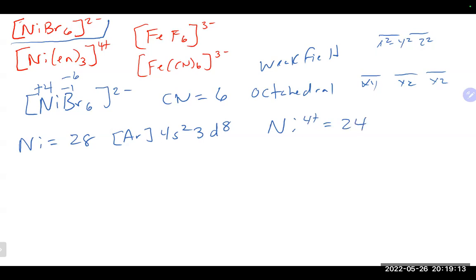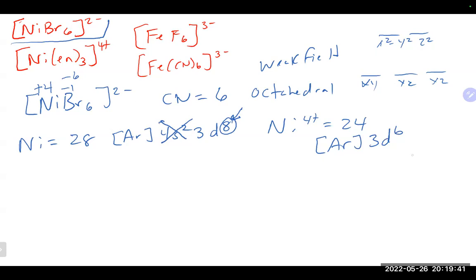We talked about it earlier in this chapter: when transition metals lose electrons, which ones go first? They actually lose the s's first. So when it goes to lose the 4 electrons, it's going to lose those 2. But now it still has 2 more it needs to take out, and it's going to come from here. So this guy is going to end up being argon 3d6.